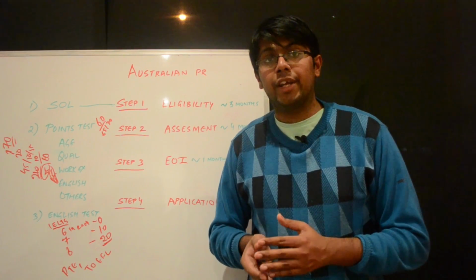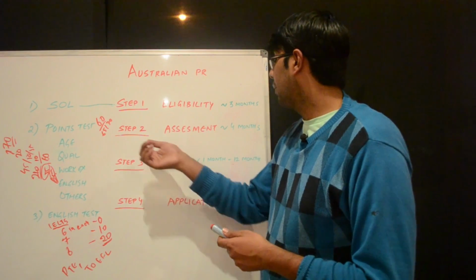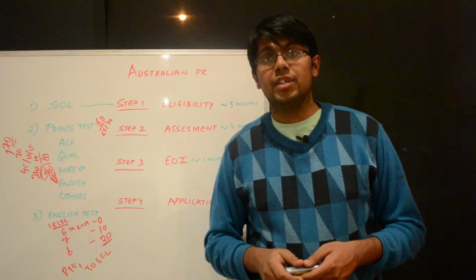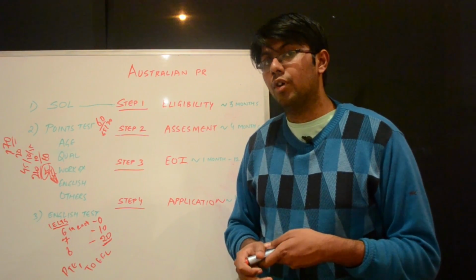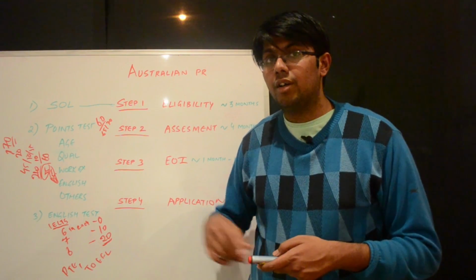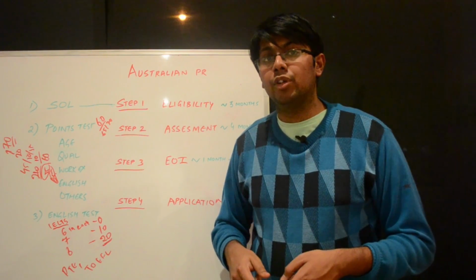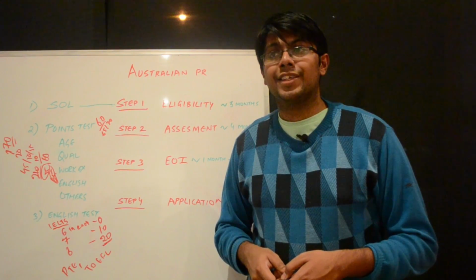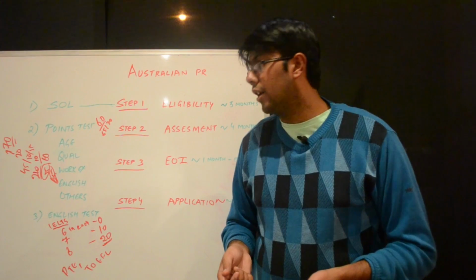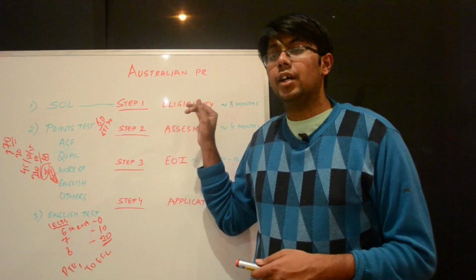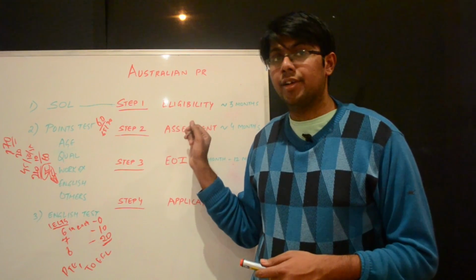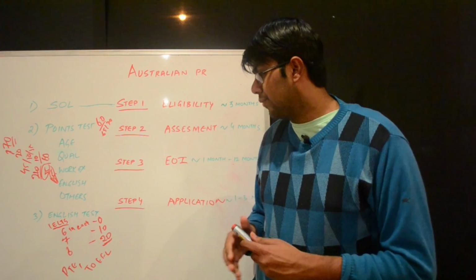But before registering for the English test, watch the step 2 video, which is assessment, which is extremely important to find out whether you are eligible for assessment or not. Because without assessment, the skill that you are claiming the PR for is not assessed and not evaluated as a part of PR, which means you wouldn't be eligible for the PR until you get your assessment right.